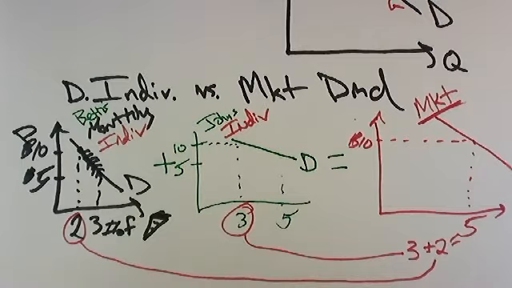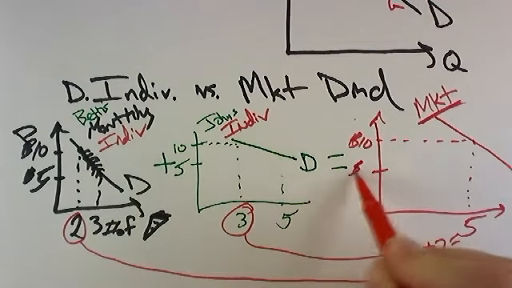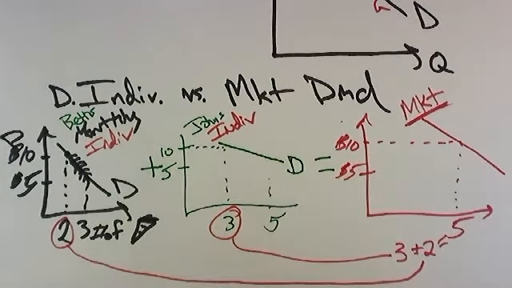So now on your own, calculate what the other point on the curve would be at $5. What's going to be the quantity demanded for the market?